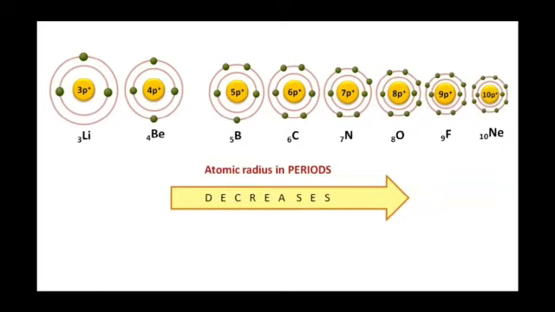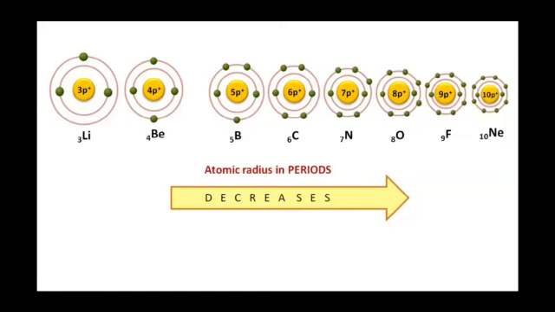For example, let's take lithium and fluorine. The amount of energy required to remove an electron from lithium will be lesser when compared to the amount of energy required to remove an electron from fluorine. And the reason is, in lithium the nuclear charge is 3+, but in fluorine the nuclear charge is 9+.